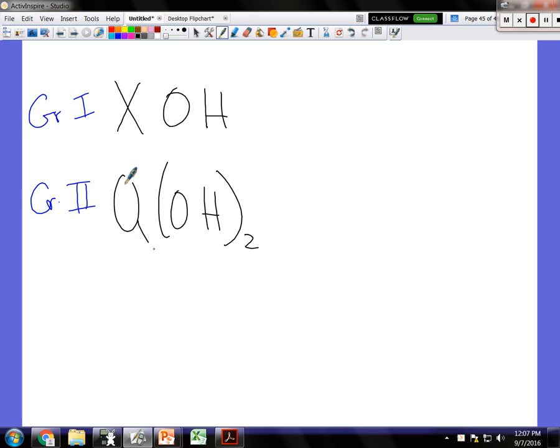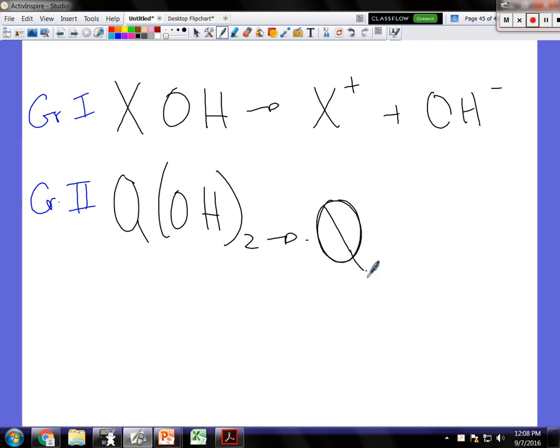How about Q? Is that better for you? Okay, Q makes sense. All right, so Q is a group 2 where X is a group 1. So when these things dissociate, you get X plus OH minus, and here you get Q 2 plus OH minus.